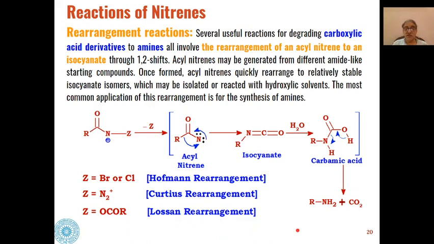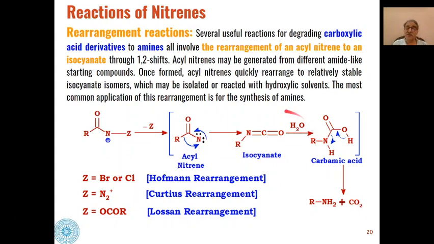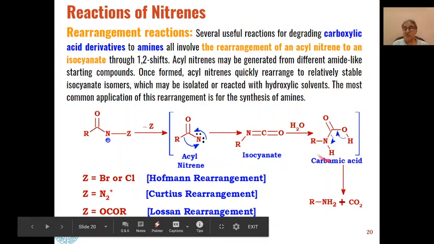In all these three rearrangements, in the first step this Z group is eliminated, and we get acyl nitrene as the intermediate. Then this acyl nitrene will rearrange to give us alkyl isocyanates, and these alkyl isocyanates on hydrolysis will give us carbamic acids, which will ultimately degrade to give us amines as the product.